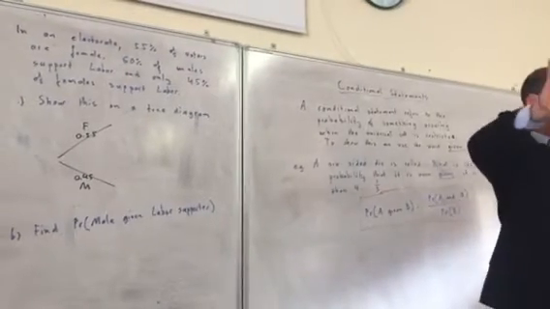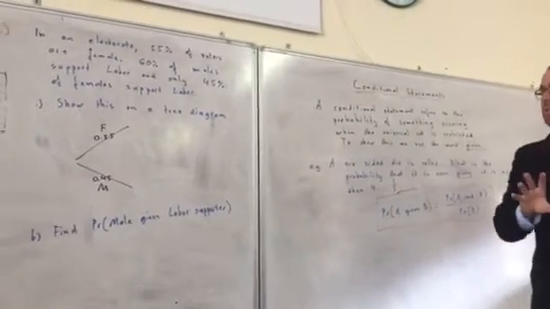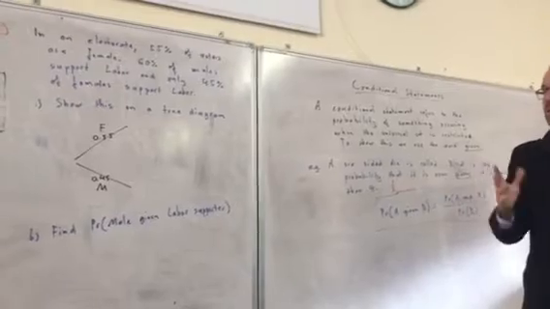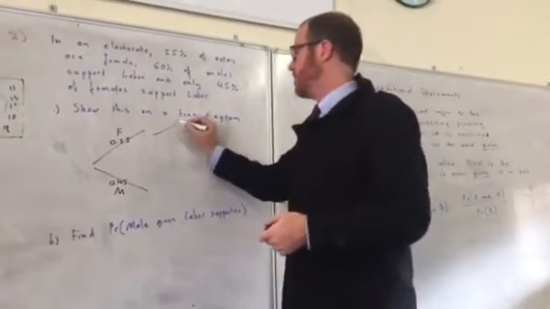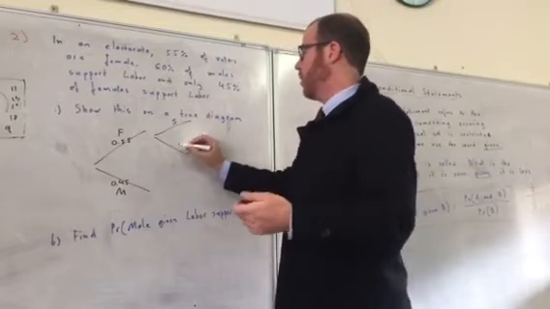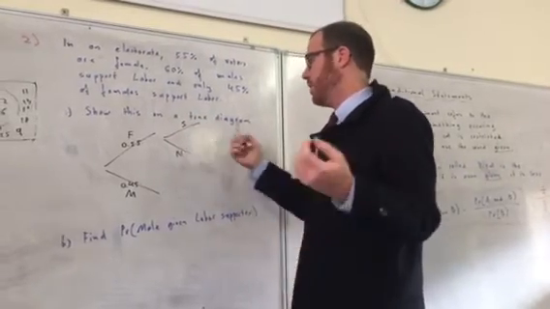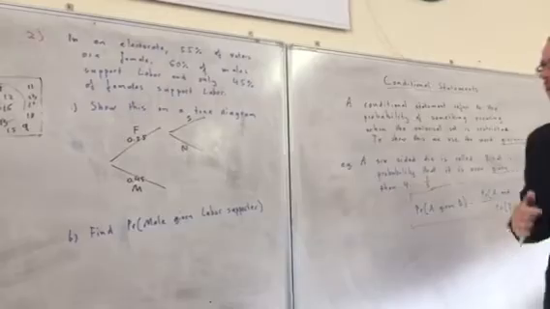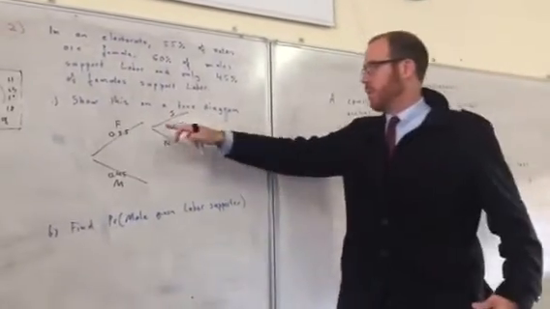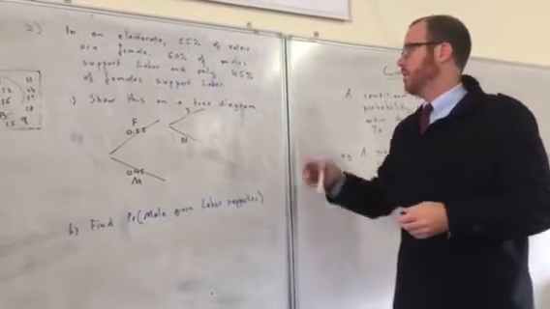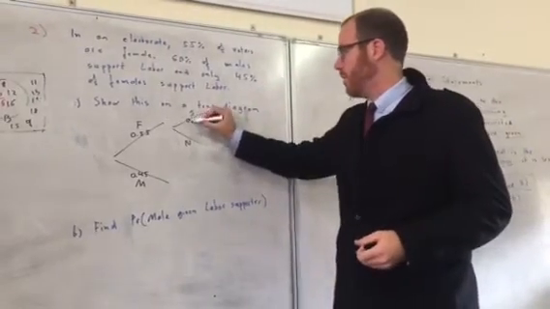There's actually 4 possible outcomes people can fit into here, isn't there? What's the second branch going to be? Let's start with the females. So support or not support. What's the probability that a female supports the Labor Party? 45% or 0.45.